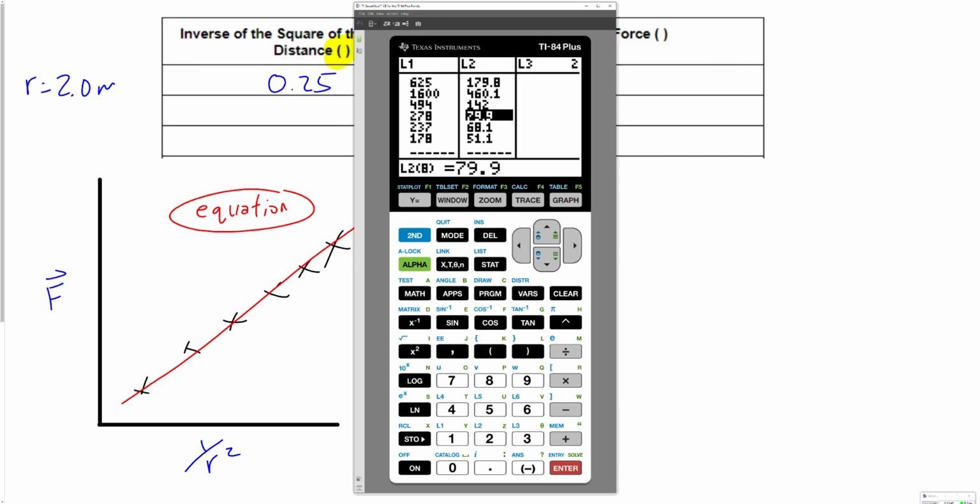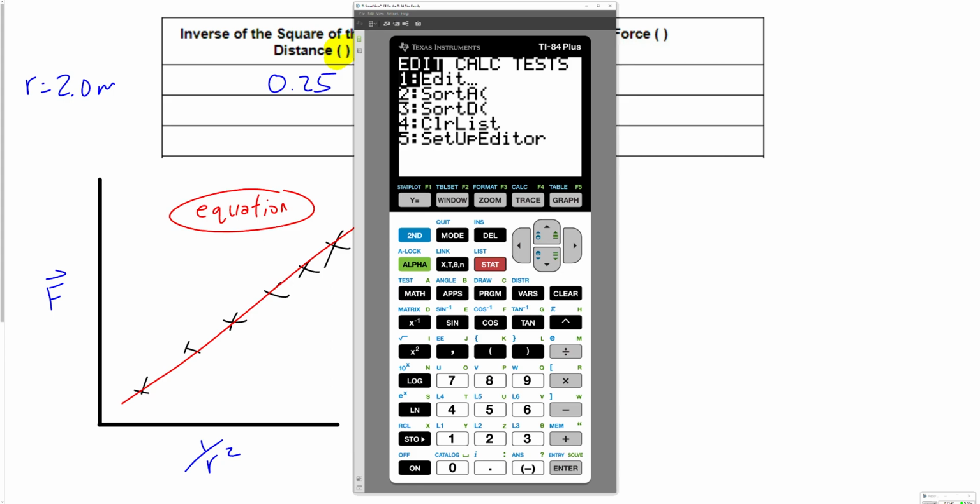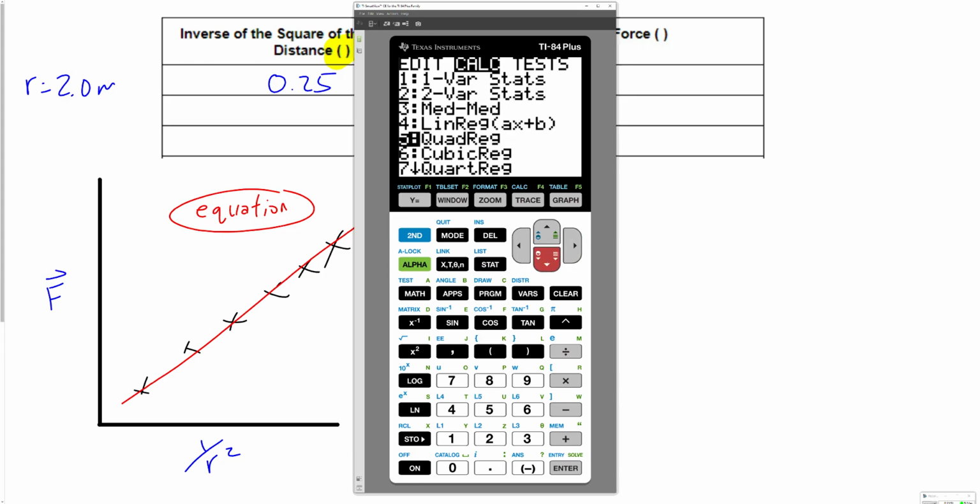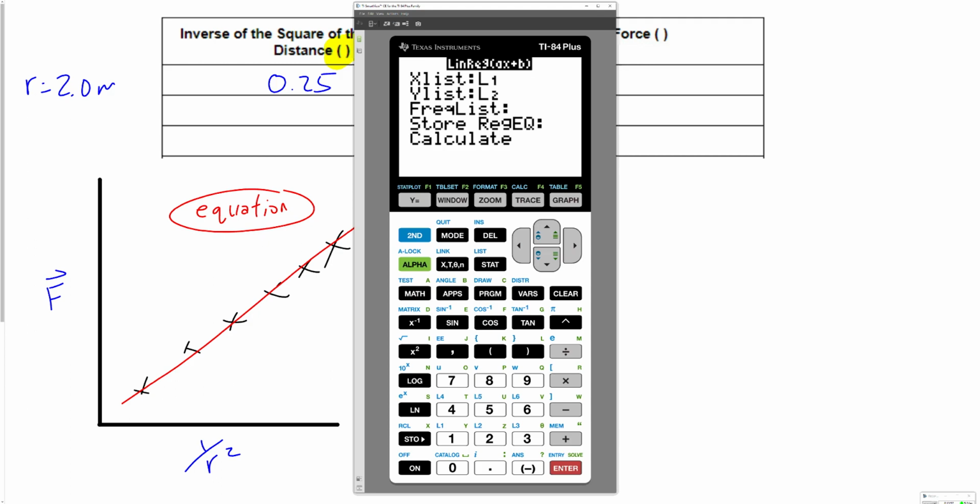Now let's go stat again. It always starts with stat. Let's scroll over to calc and down to 4, linear regression, ax plus b or mx plus b. Now we're going to press enter. Depending on your version of the calculator, you may have to press enter twice. You may have to press it up to 4 times. Just keep pressing enter until you get the equation spit out for you.